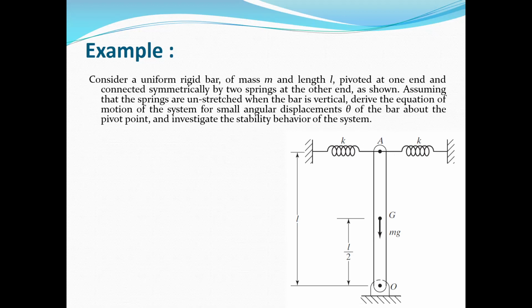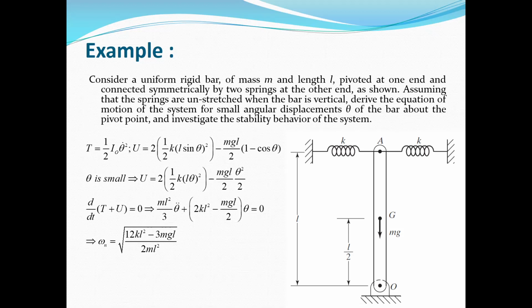So for this purpose, we need to form the kinetic energy and potential energy. Here we have one rigid body, so in the kinetic energy, we only have one term. Here, this rigid body is rotating about a fixed point, point O.